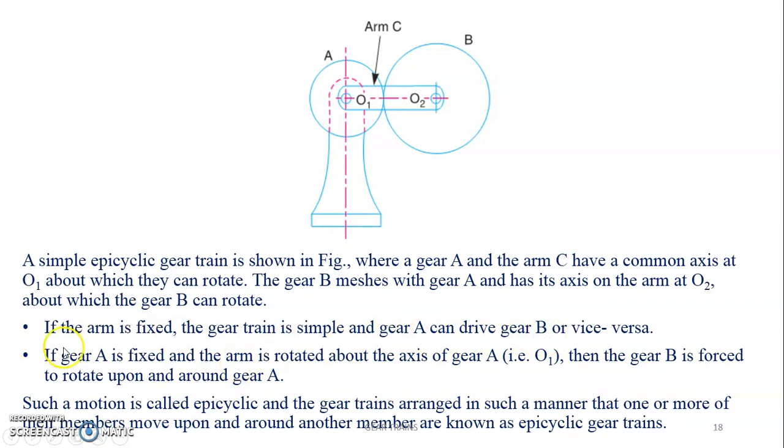If gear A is fixed and the arm is rotated about the axis of gear A, then gear B is forced to rotate upon and around gear A. Such a motion is called epicyclic, and the gear trains arranged in such a manner that one or more of their members move upon and around another member are known as epicyclic gear trains.